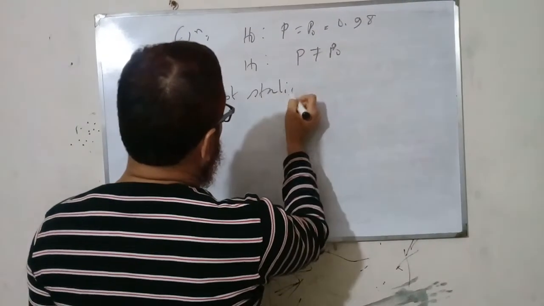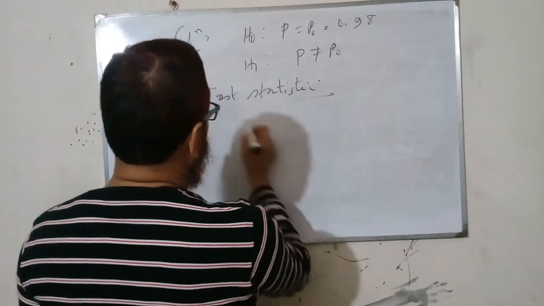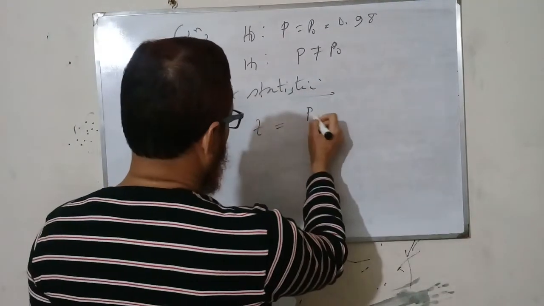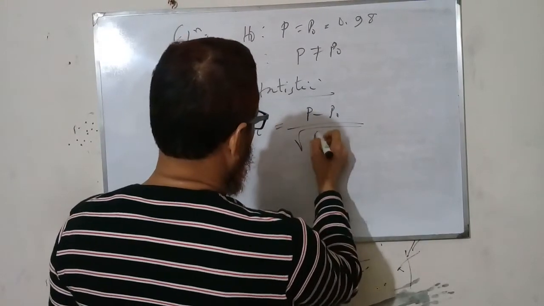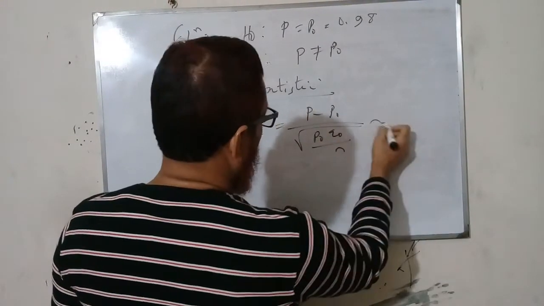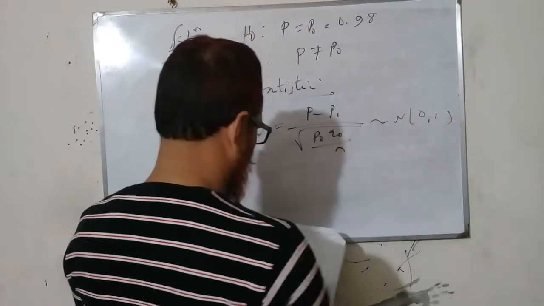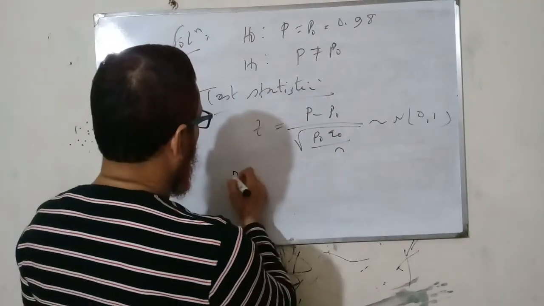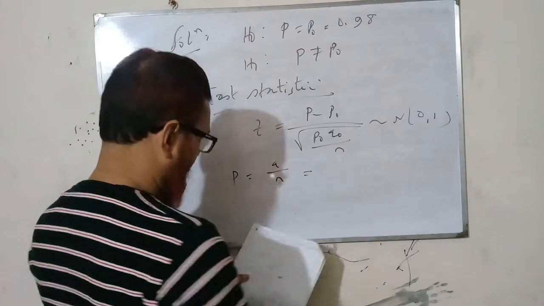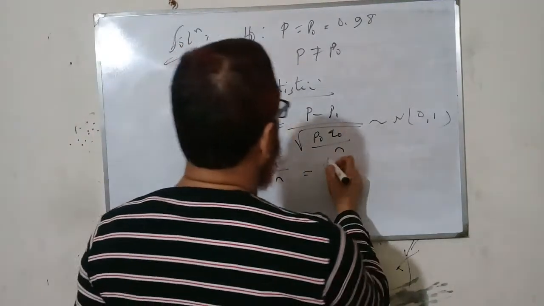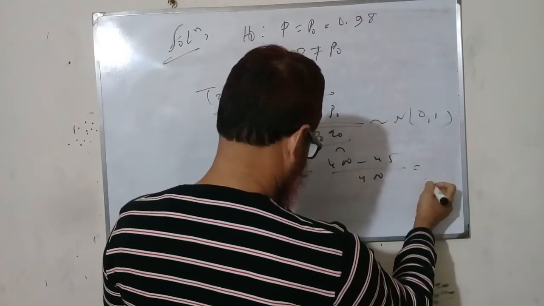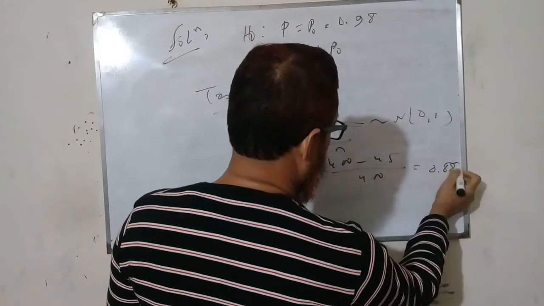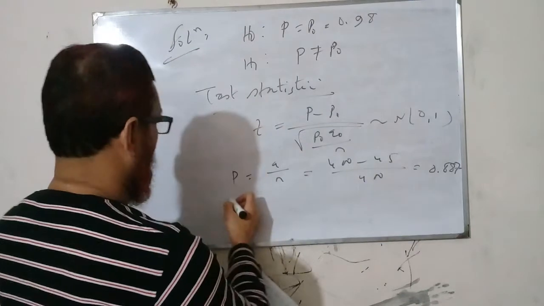Test statistic, we know Z equal to (p minus P0) over root of P0 Q0 by n. p equal to A by n, that is (400 minus 45) by 400 equal to 0.887.